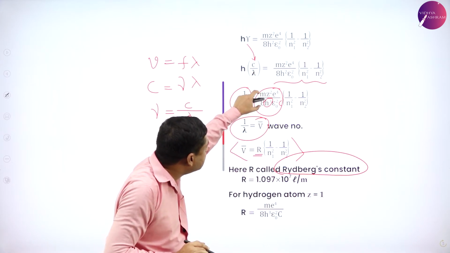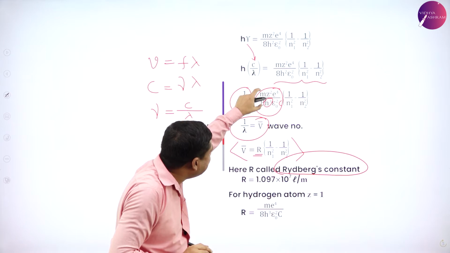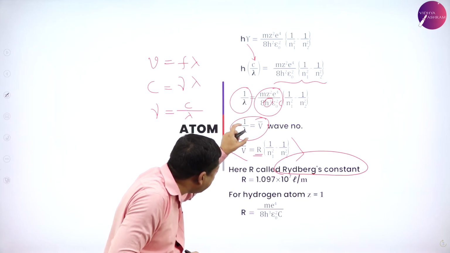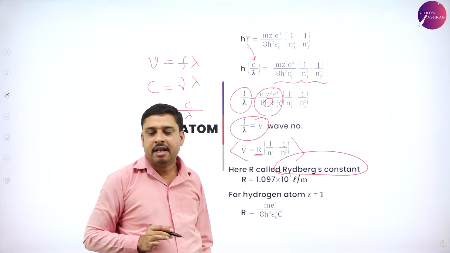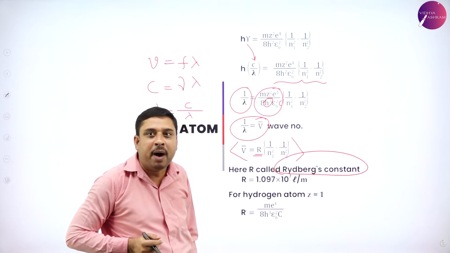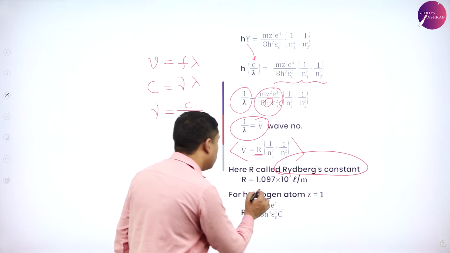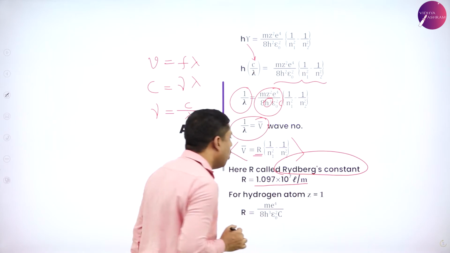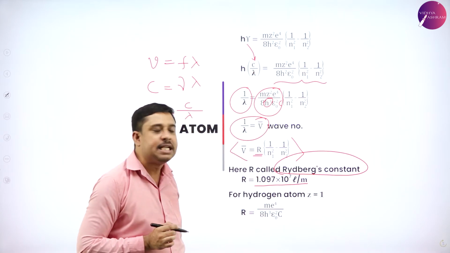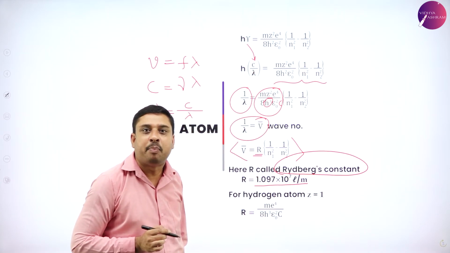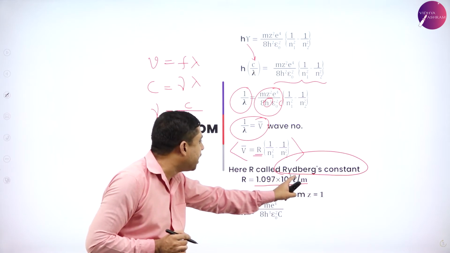Its value is 1.097 into 10 power 7 per meter.